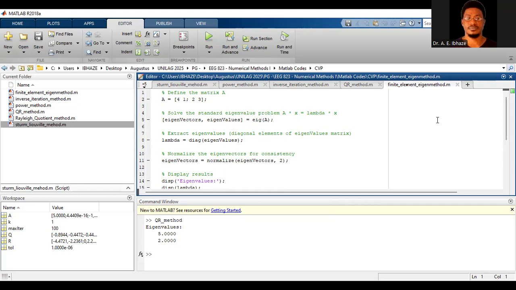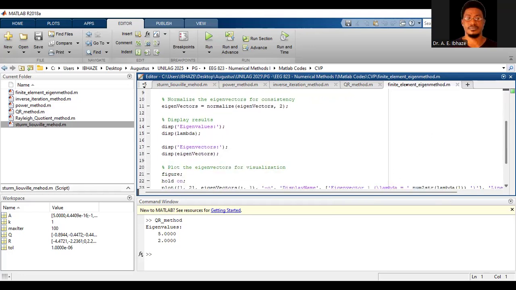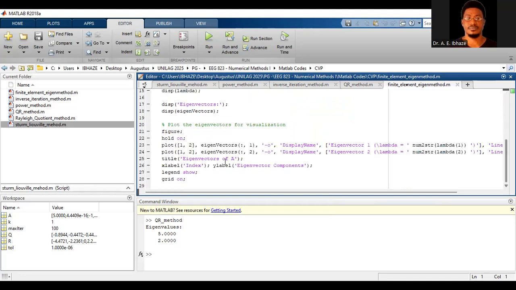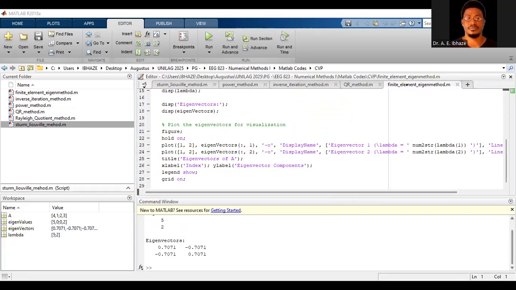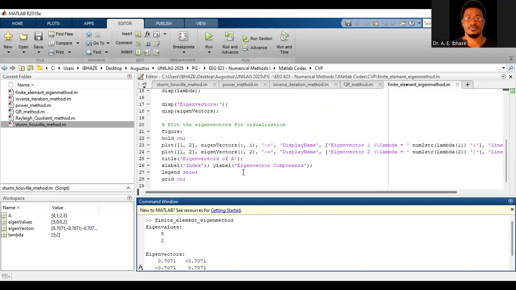And once that is done, the weak form is formulated, and then the global and the local stiffness matrices are also computed, and then we're able to evaluate the system of equations. So this also gives us some kind of good results. And once we run this, we are able to evaluate our eigenvalues.